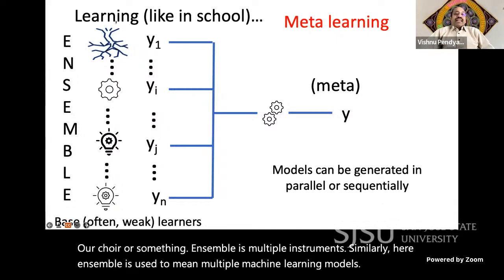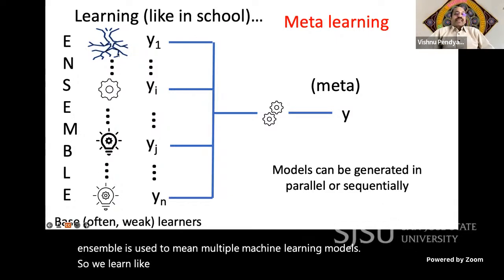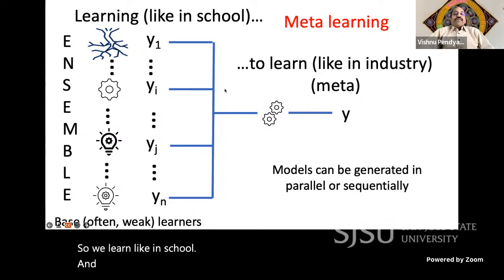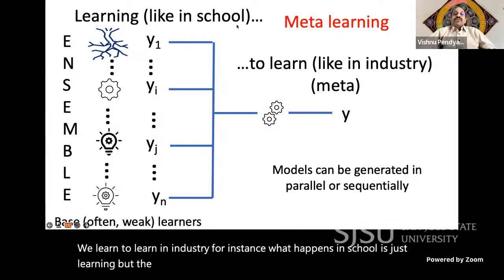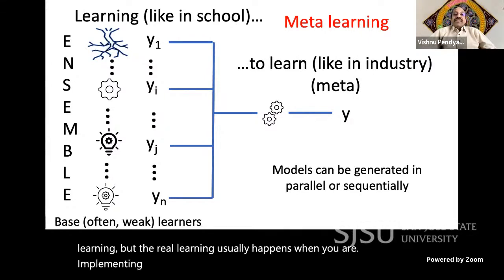So we learn like in school, and then we learn to learn like in industry. For instance, what happens in school is just learning, but the real learning usually happens when you are implementing what you learn, right?